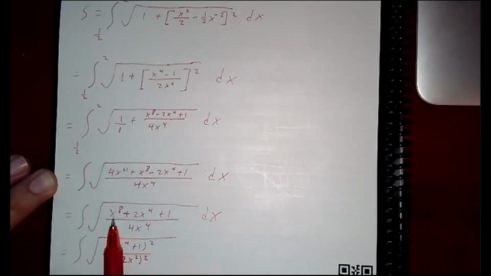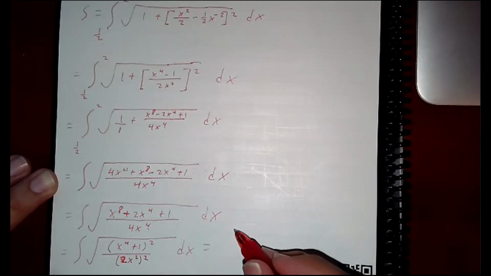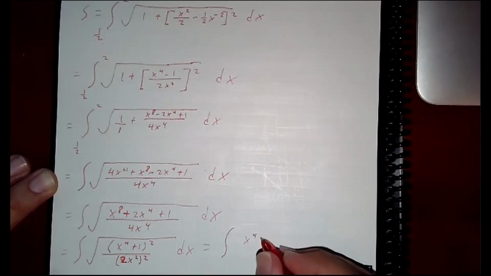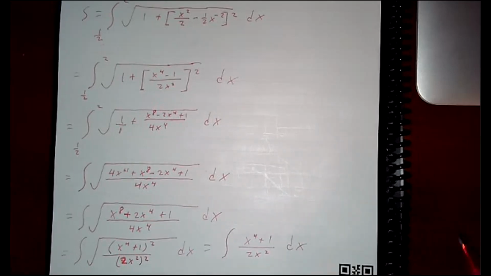You see how this is a perfect square on top? So then it will cancel, leaving you with (x^4 plus 1) over 2x^2. At that point, you just integrate and you're done, right? But do you see how we factor?